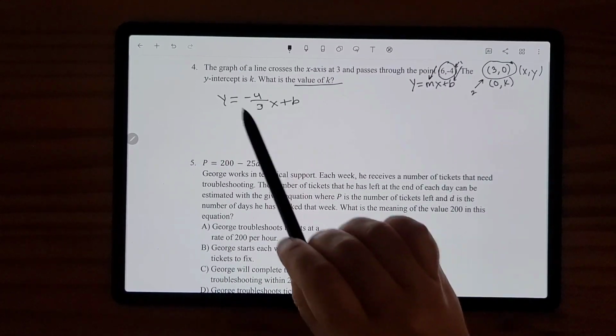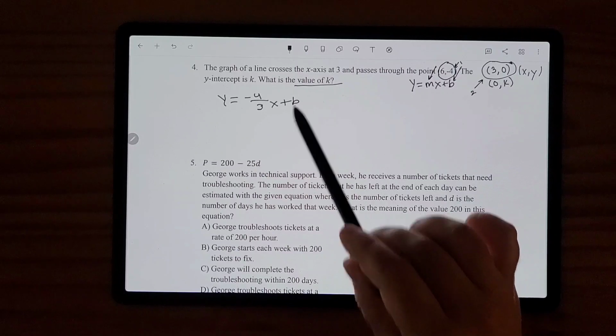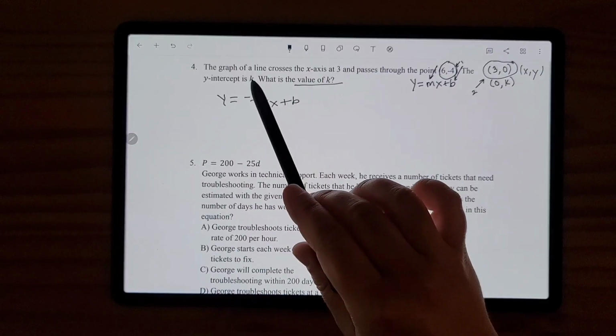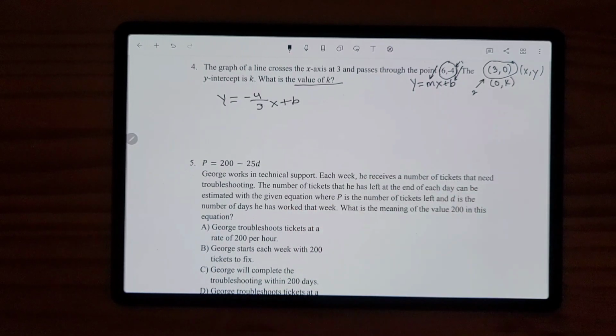And when I do that, I have this rewritten equation, but you'll notice I'm still missing that b value. Now, if I were to just plug in what they told me the y-intercept is for b, I would still have a problem because I still have another variable, k. I don't want that. I'm trying to find out what the value of k is.